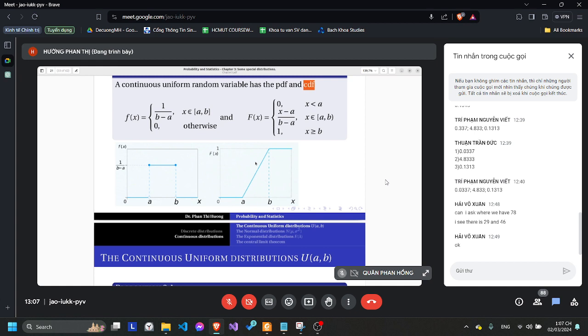So in this case, we say that the arrival time of the message follows the uniform distribution. So we use the uniform distribution in case we have no idea about the probability or the chance for the values of the random variable S. We just know that it may arrive in the interval from a to b, and no idea about its arrival time. So this is the continuous uniform distribution.